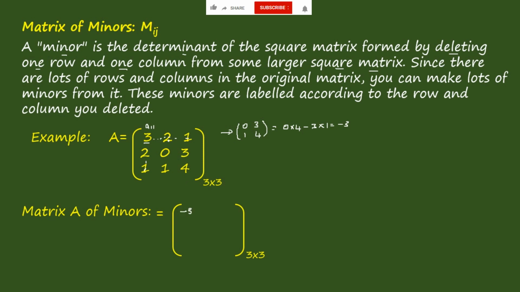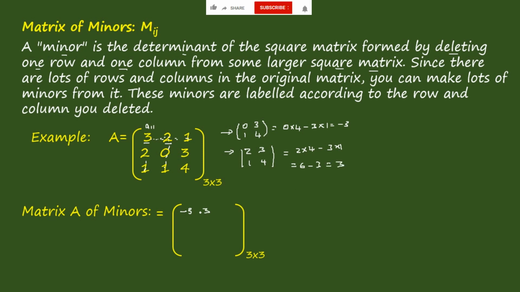Similarly, consider the second term, which is 2. We delete its row and column. Then we get the matrix 2, 3, 1, 4, and we find the determinant of it, which is 2 into 4 minus 3 into 1. It becomes 6 minus 3, which is 3.